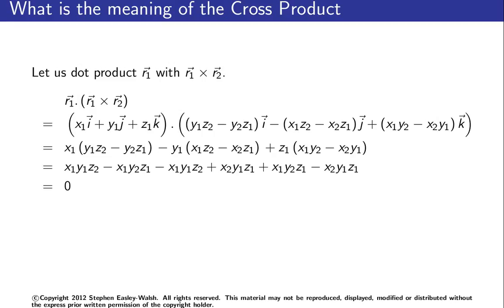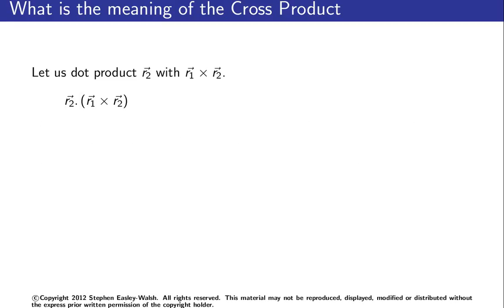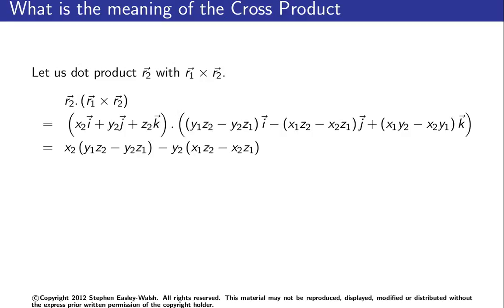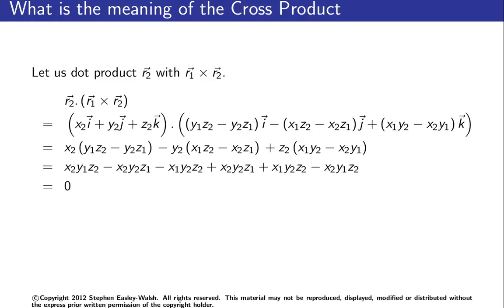Now do the same thing with R2. R2 dotted with R1 cross R2, you'll find the exact same procedure and the exact same result. You'll also get 0. Recall what one use of the dot product is: if the dot product is 0, then the vectors are perpendicular.